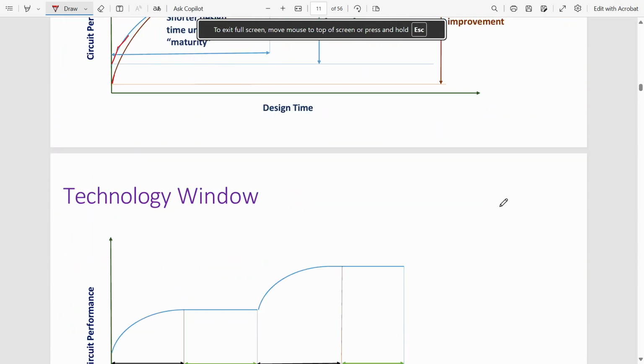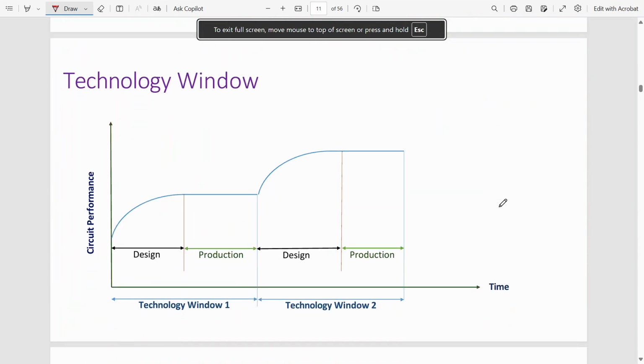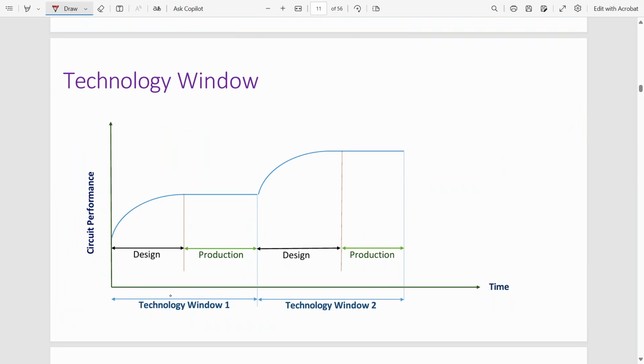So what does technology window mean? Technology window means circuit performance with the technology window. Suppose any product is there. Here this is design and this is production. Suppose one model came, like the iPhone 7 model, which came after 1 year.